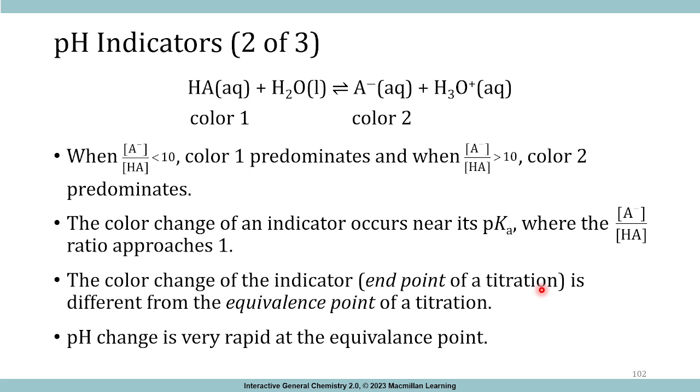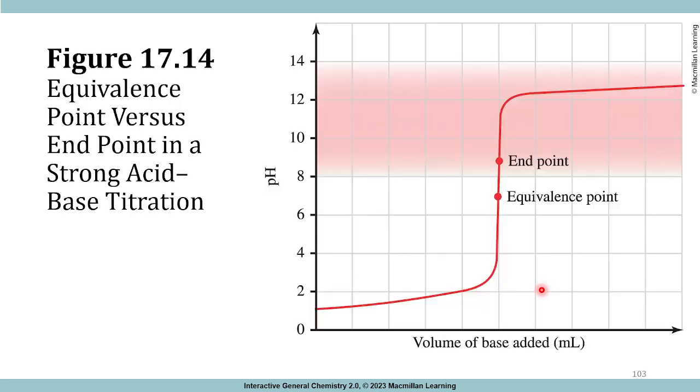And so the pH change is very rapid at your equivalence point, and this is what we're taking advantage of to make this error not just awful, okay? Here's the equivalence point, right? The equivalence point is when the moles are equal. We hit the equivalence point, then we add excess of the strong base in this case. This is going to cause us to get to a pH point where it turns pink.